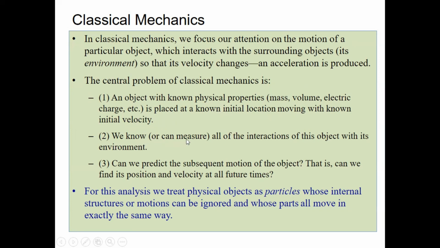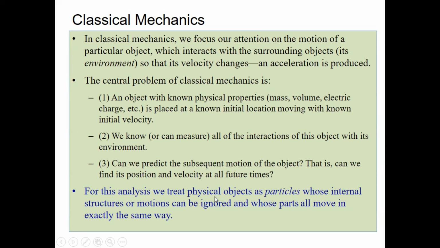Then we can measure all the other interactions of this object with the environment. We can also predict the subsequent motion of the object, and we can find the position and the velocity at all future times. It is this prediction that is really admirable in classical mechanics.